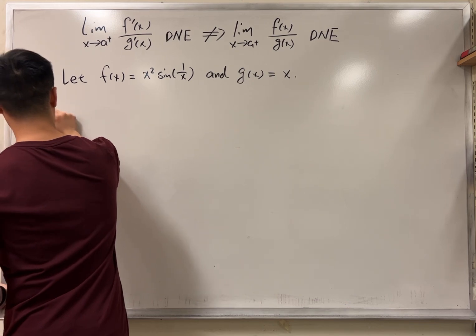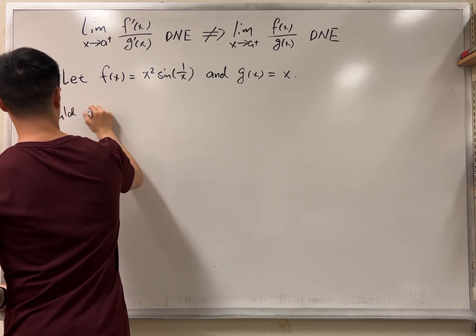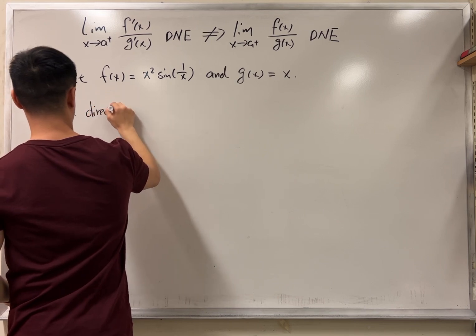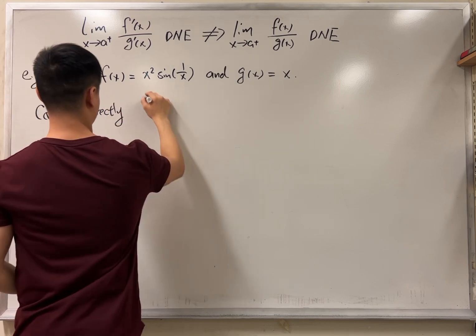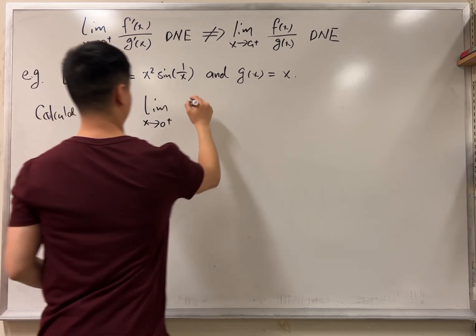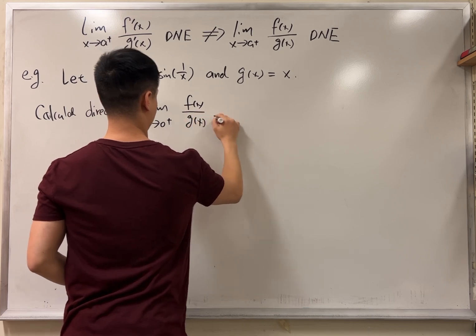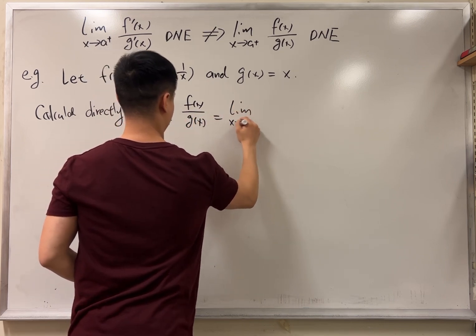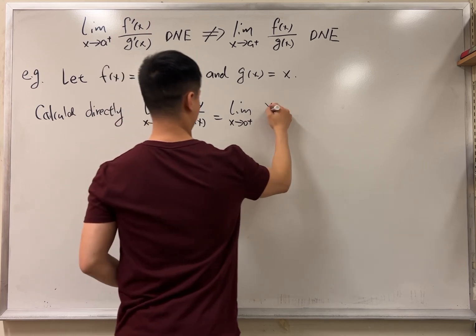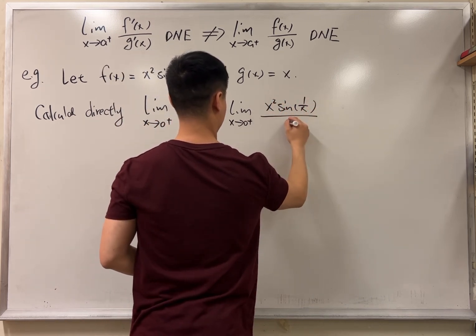Calculate directly. We have the limit as x approaches 0 plus of x squared sine of 1 over x divided by x.